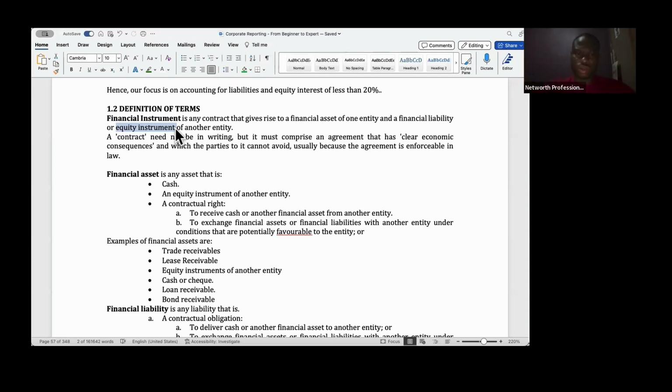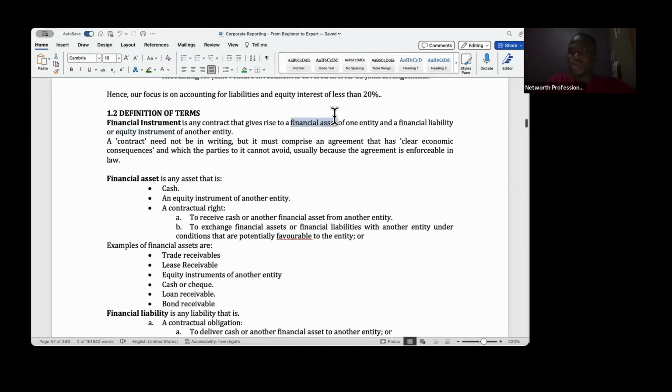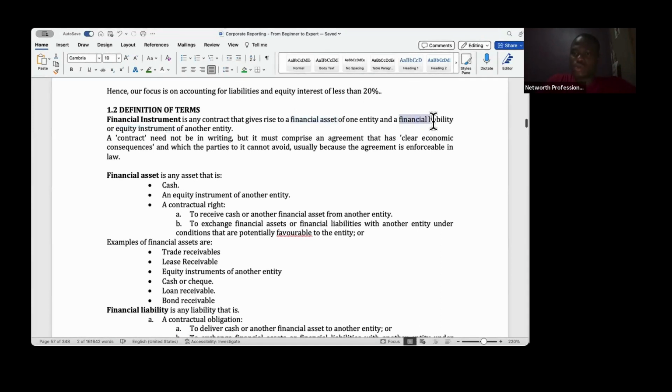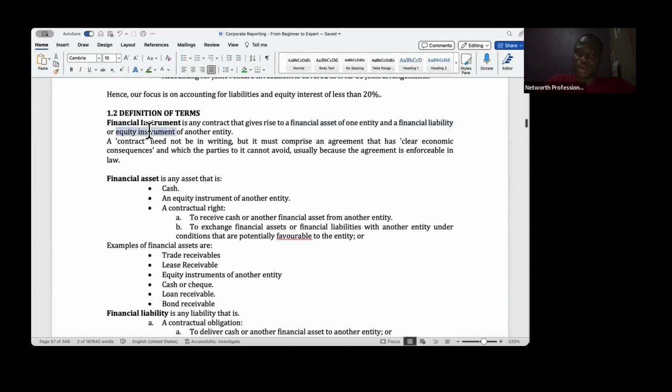So to get more clarity, there are three additional terms we need to look at from this definition. Let's understand what a financial asset is. When we say the party must have a financial asset, let's look at what a financial asset is. We would also look at what a financial liability or equity instrument is.